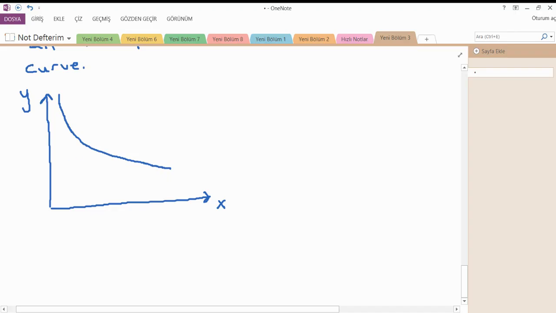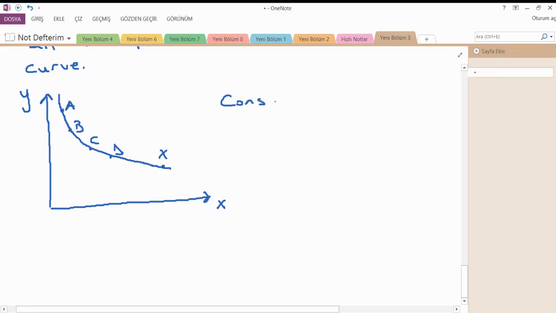And on an indifference curve, on a curve or on a line, there are an infinite number of points. So there are infinite combinations and infinite points that are representing these combinations. So let's say point A, point B, point C, point D, here somewhere point X, okay?